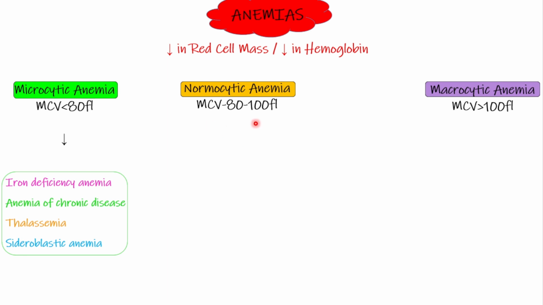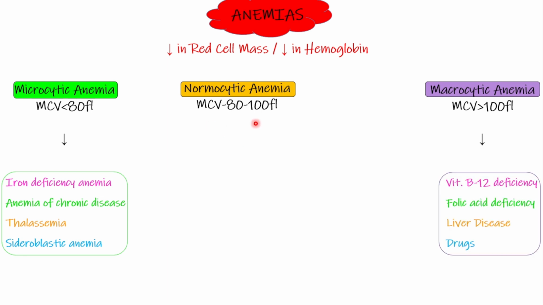Now let's first discuss the macrocytic anemia. In macrocytic anemia, we have vitamin B12 deficiency, folic acid deficiency, liver disease, and drugs. We have discussed vitamin B12 and folic acid deficiency. Basically, in these deficiencies, there is a defect in the maturation of the red blood cells.